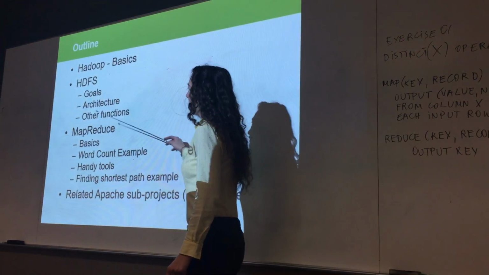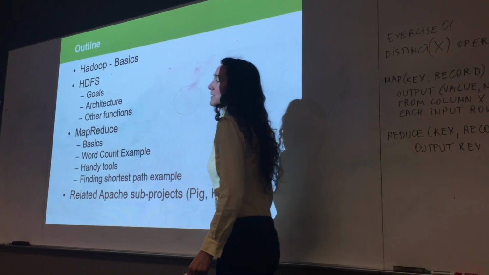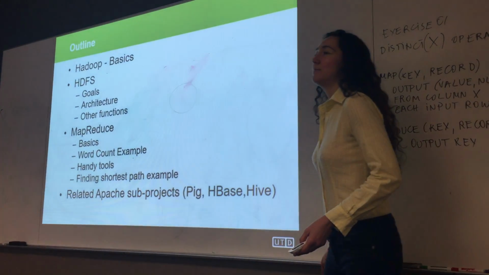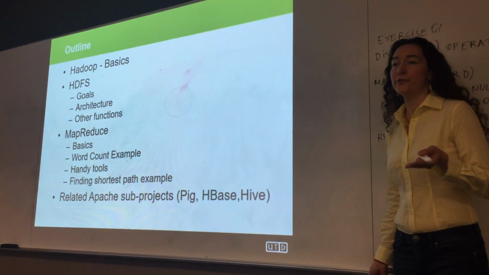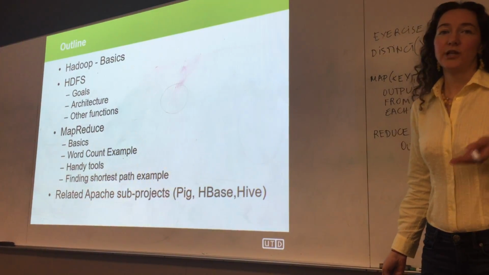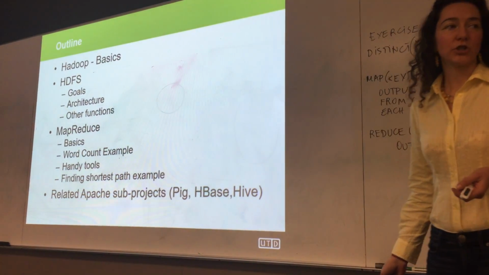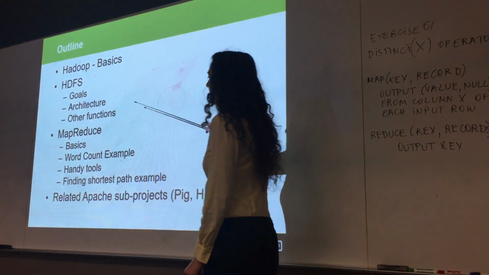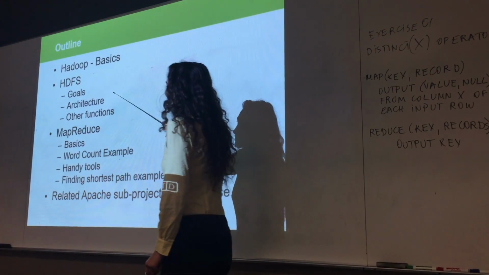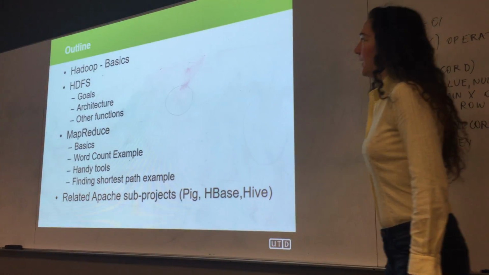So we will talk about the distributed file system, which is distributed because it makes it seem like one file system, just like we have on our laptop, when in reality the pieces are spread among multiple machines somewhere on the network. So how does that look, and what are its goals, and what functions does it have? We will look at that.